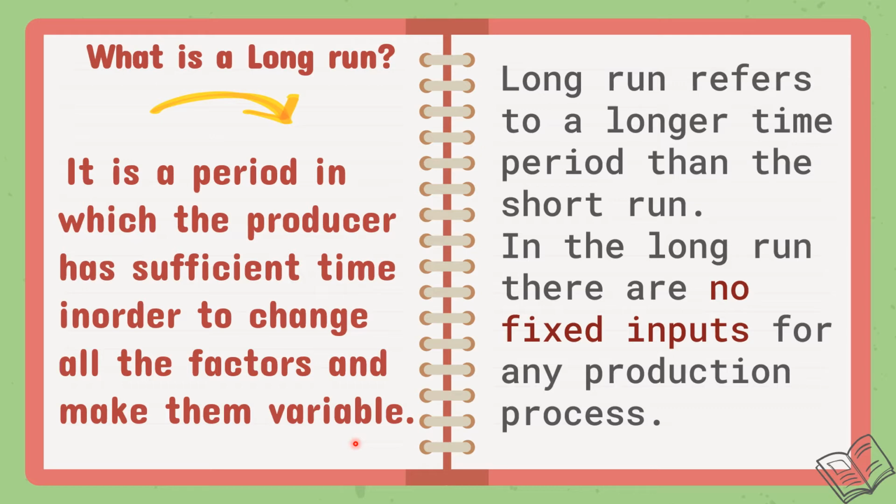The long period is long enough a time to bring about change in all the factors of production, fixed or variable. So long run refers to a longer time frame than the short run. In the long run, there are no fixed inputs for any production process.